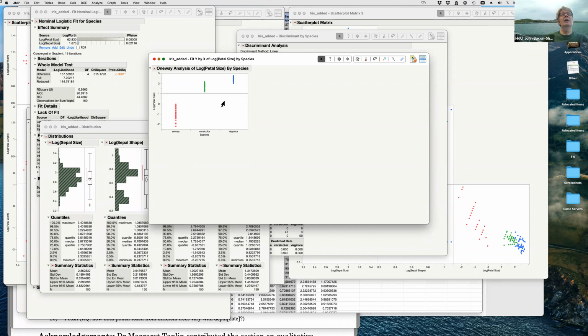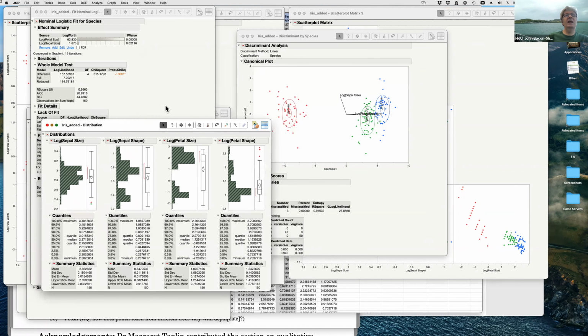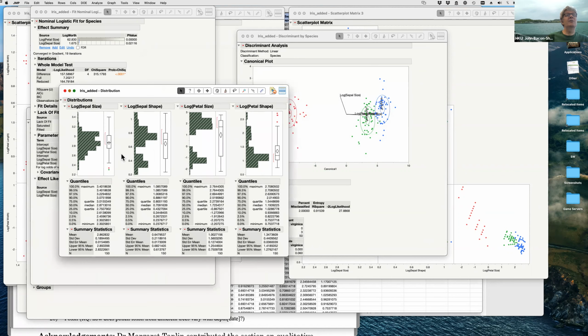Okay, so there's quite a clear distinction on petal size, whereas the shapes for both the sepal and the petal are always positive on the log scale, meaning that lengths are greater than the width. But the fact that the length is greater than the width is not the issue. The issue is, if you like, how different they are. So it's like how elongated is the rectangle they fit in? Is it close to a square or not?